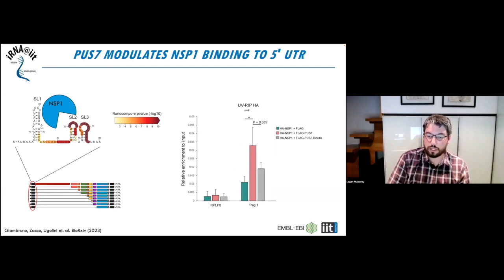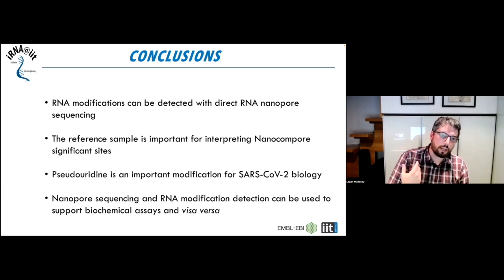And so this is just a really nice example of how nanopore sequencing and biochemistry assays can be used together to start learning more about the biology going on in SARS-CoV-2. And so with that, I'm going to conclude that I think all 4 talks here in this session are fairly convincing that RNA modifications can be detected with direct RNA nanopore sequencing.